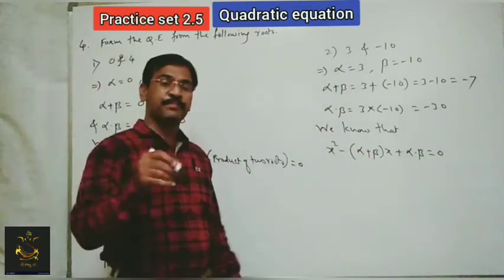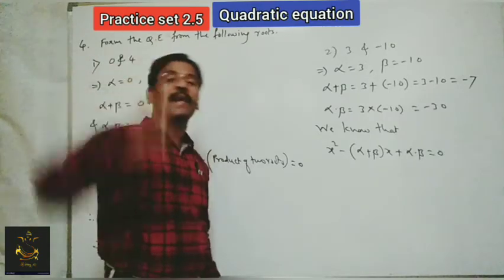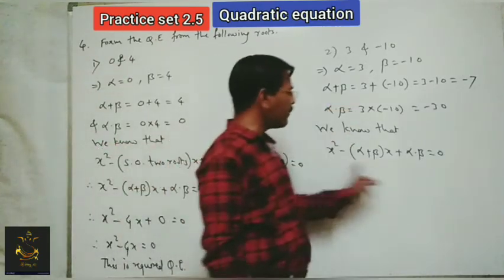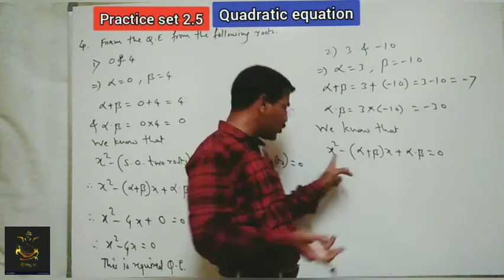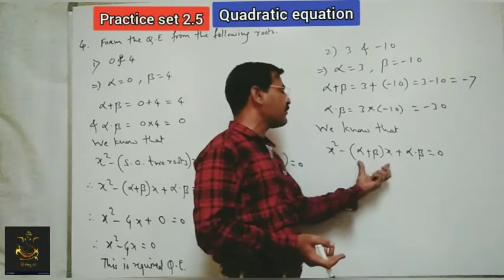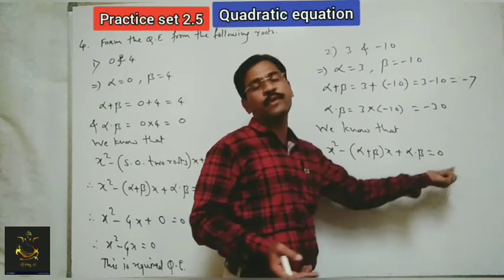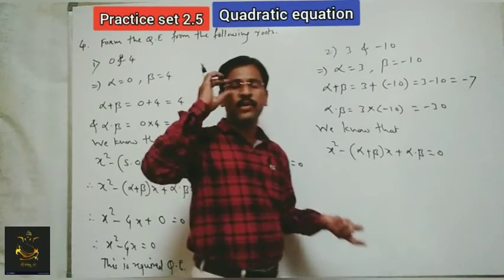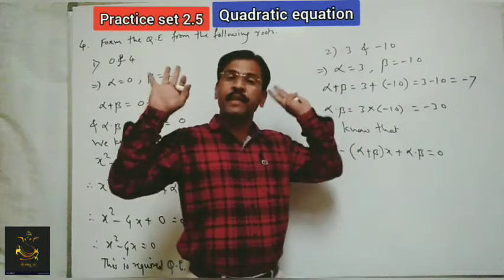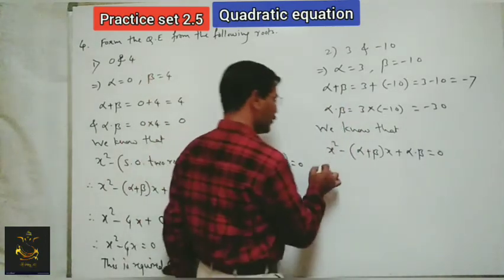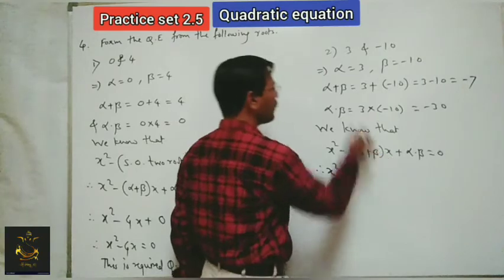They can ask in the variable x, means this is the formula. If they ask, like, in the variable y, then you can write here y square minus alpha plus beta into y plus alpha into beta equal to 0. It is dependent upon that. If they have not given us anything, just write in the variable x here. Now I'll put the value. x square, what about alpha plus beta?